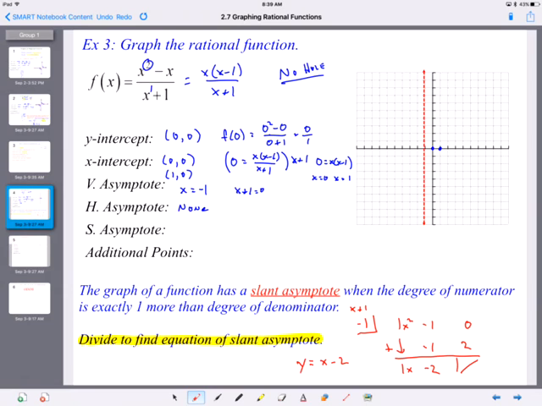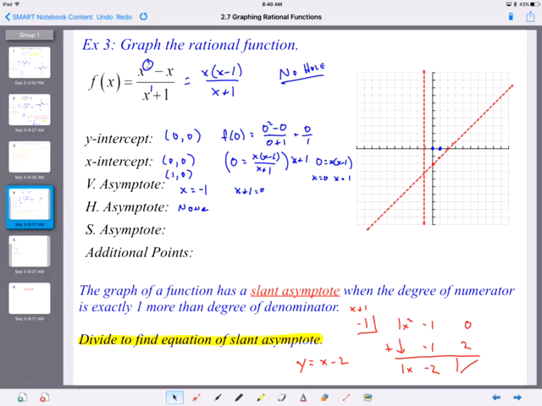So at negative 2 would be our y-intercept, and then the slope would be 1. So you'd have that as your slope. So we'll have this as our slant asymptote.